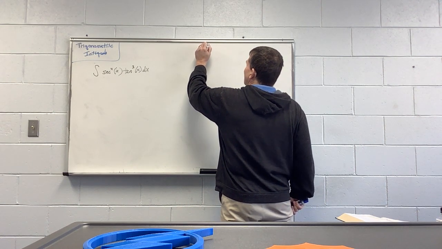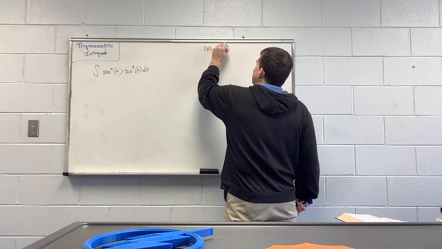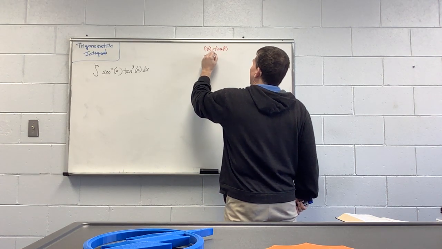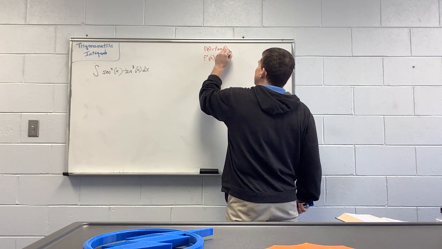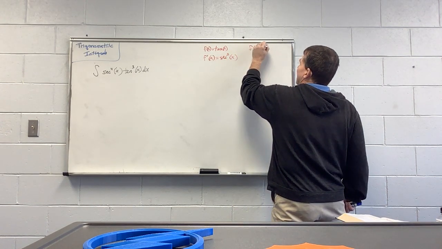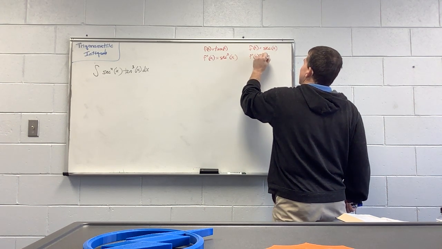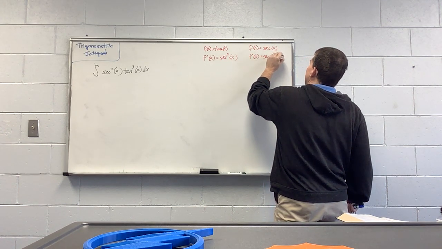So just for review, if f of x is tan x, f prime of x, the derivative of tan, is secant squared x. If f of x equals secant x, the derivative of secant is secant x tan x.